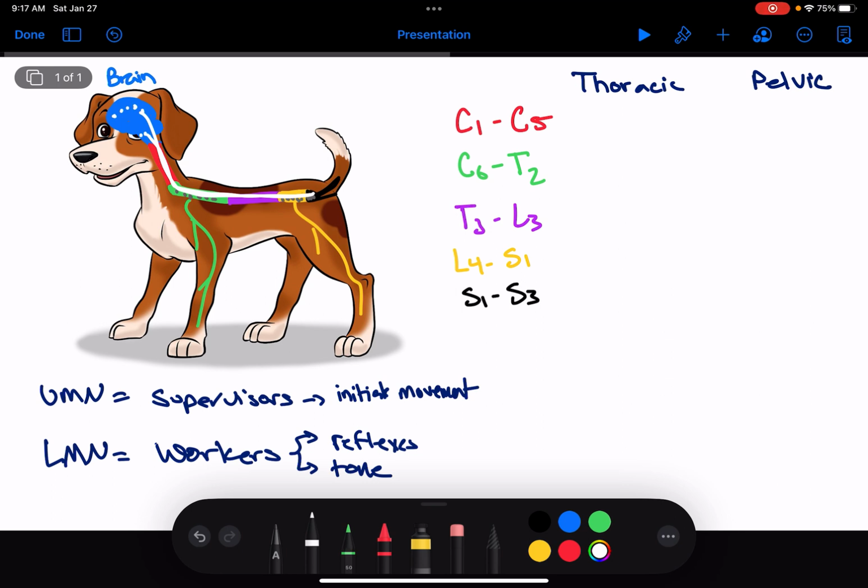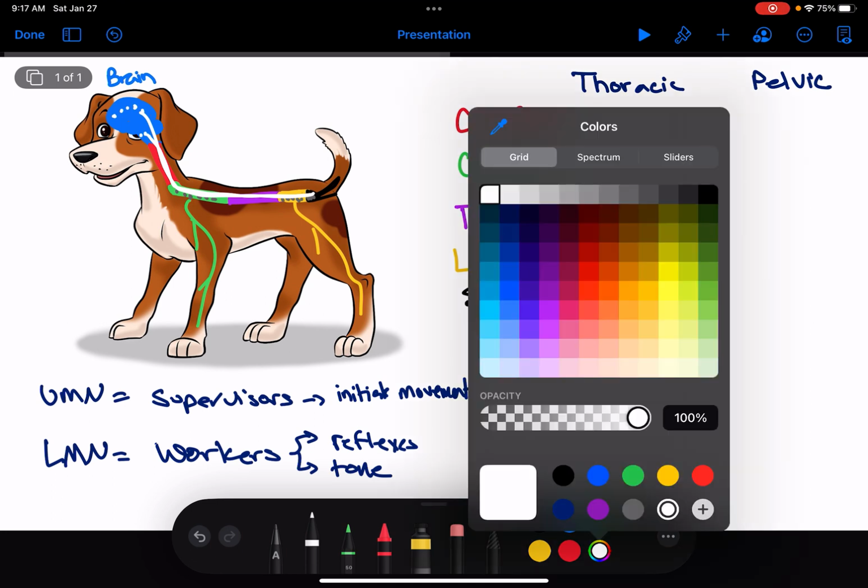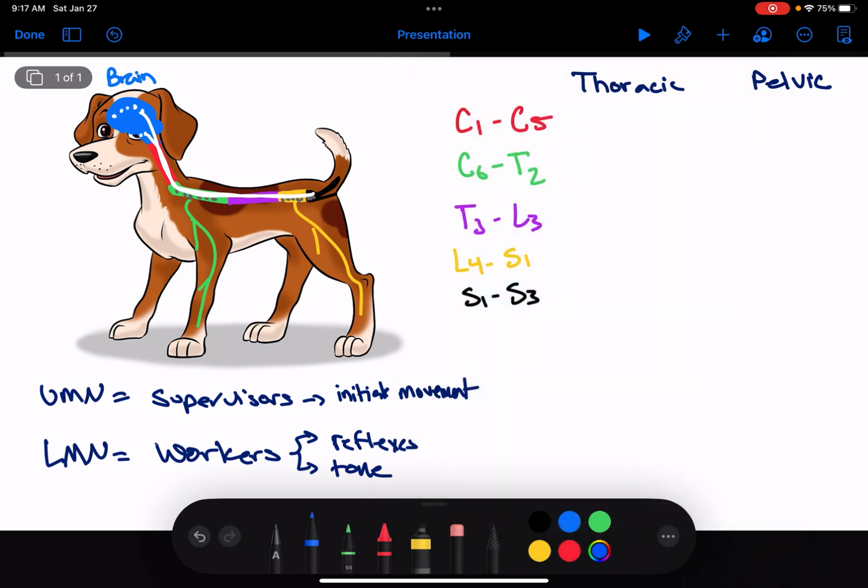All right, and so let's start talking about what happens when we have some of these lesions. I'm going to go ahead and pick a fun little color here. Let's use blue, since we've used that for the brain, and we're not using that currently for the spinal cord.